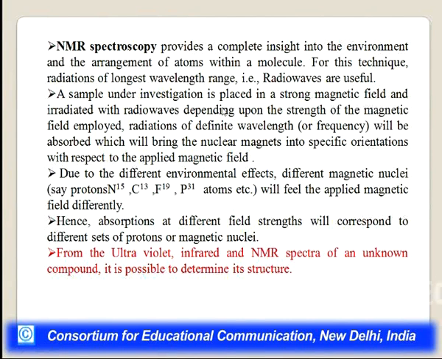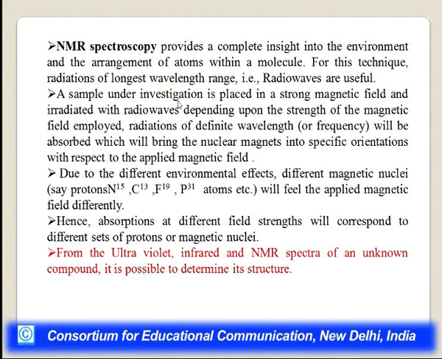For example, in CH3CH2OH, carbon number 1 has 3 hydrogens, carbon number 2 has 2 hydrogen atoms, and oxygen has 1 hydrogen atom. So the number of hydrogen atoms is different as well as their environment. This we can detect by NMR spectroscopy, nuclear magnetic resonance spectroscopy. We will discuss in detail in coming lectures.